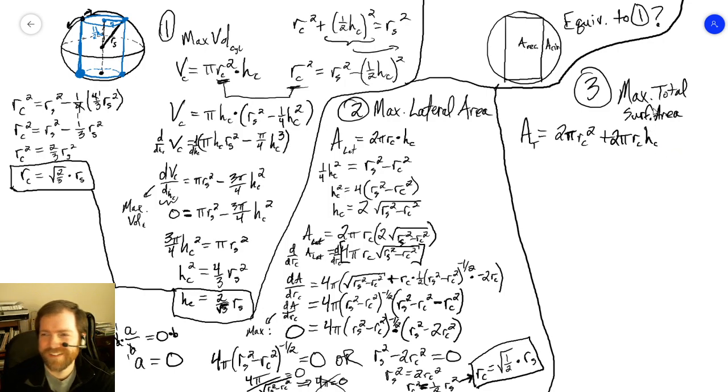I really hope this doesn't mess up like the last one did. It shouldn't, because the relationship between the height of the cylinder is different in this one.